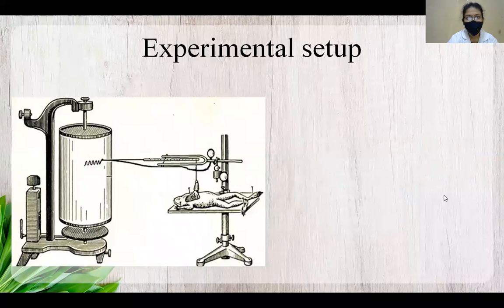Now, this is a typical experimental setup used for the frog's heart. The frog's heart is dissected and set up on a hook. Whenever the heart contracts, it pulls the hook, meaning the size of the heart decreases. It pulls the lever down and the other end goes up, so the contraction of the heart is indicated by the upstroke of the wave.